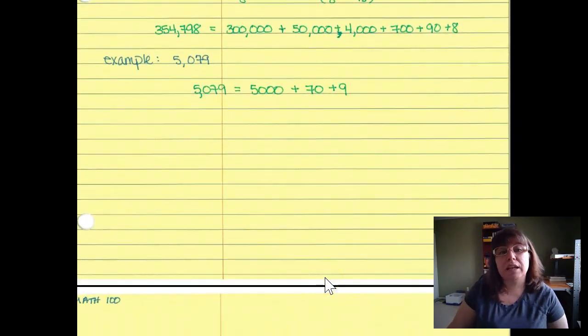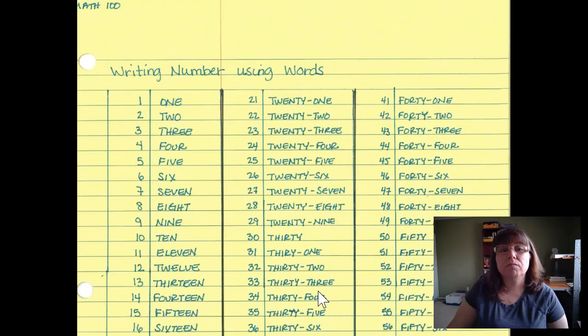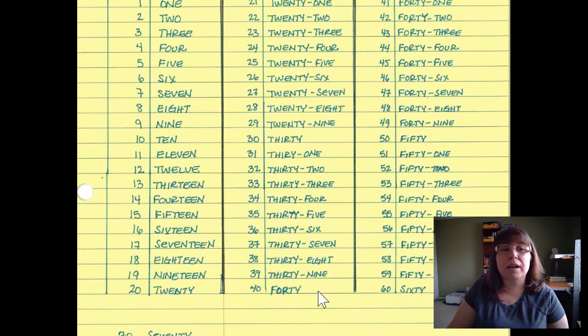So when you're writing numbers in words, I will say that when you get to 21, they have a hyphen in it. Believe it or not, I know a lot of people skip that hyphen, but it's one, two, three, four, five, and you can see the spelling of each number, 16, 17, 18, 19, 20.